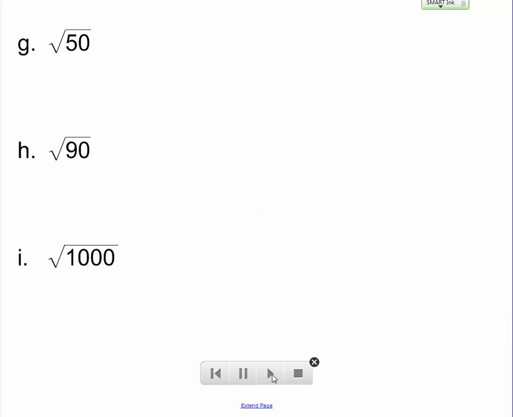And we got some more here, and let's look for some shortcuts. Square root of 50. How about we make that the square root of 25 times 2? So I'm going to show you these a little bit different here. I know that 50 is divisible by 25, and I also know that 25 is a perfect square.